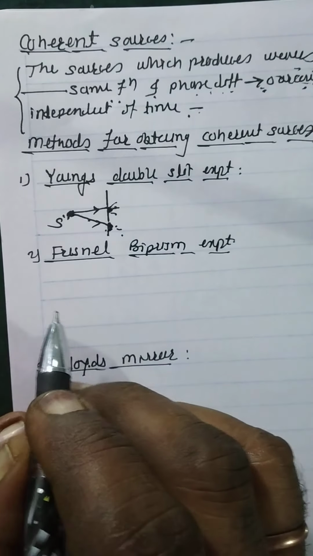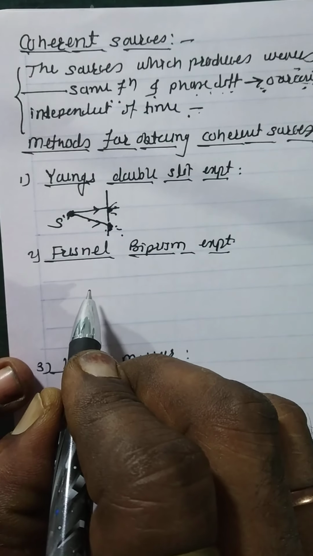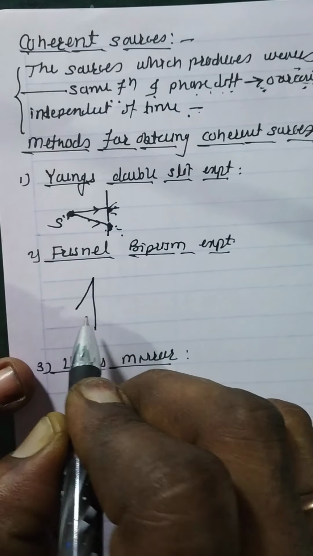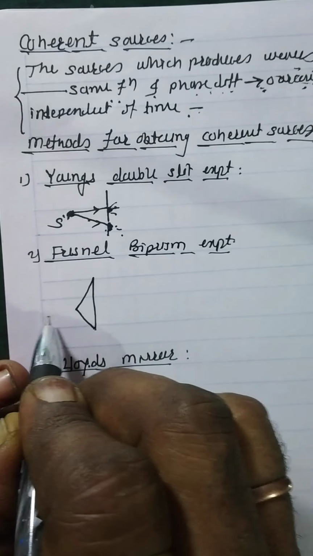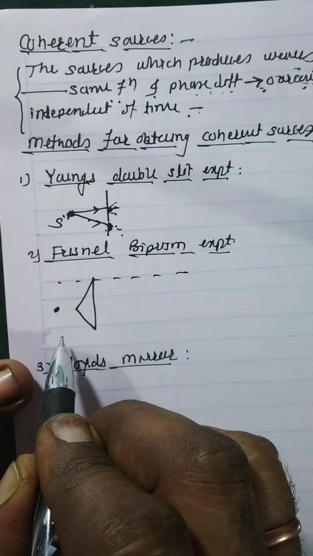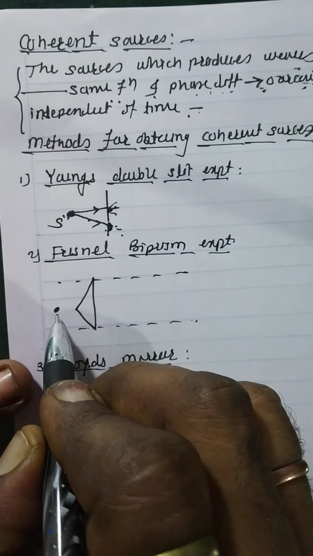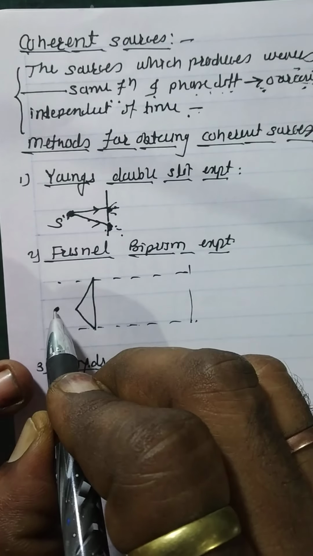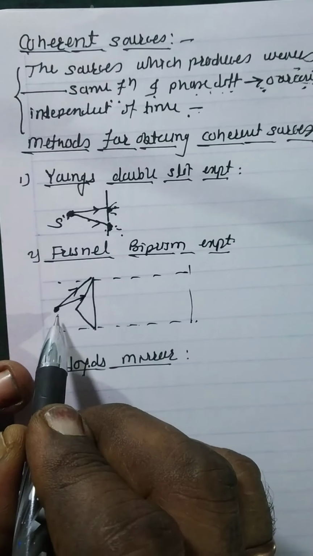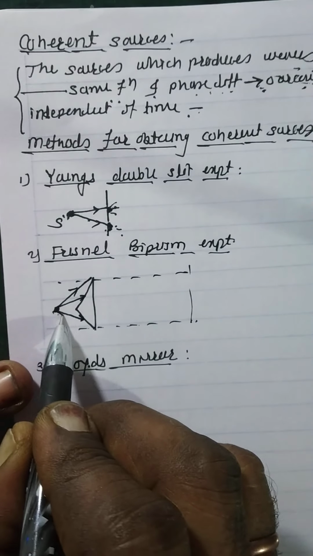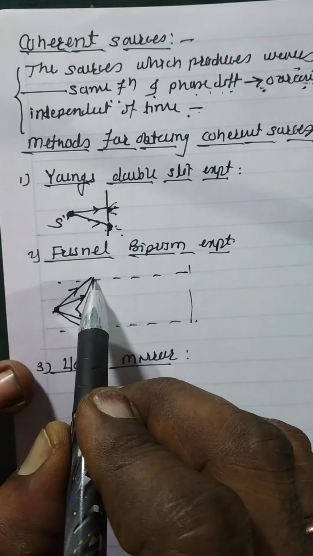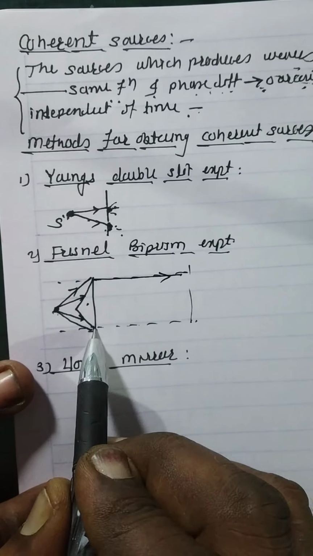Fresnel biprism experiment. In this experiment, suppose this one is the biprism and this one is a single source. The incident rays are like this. After refraction through the biprism, these rays travel along these directions.